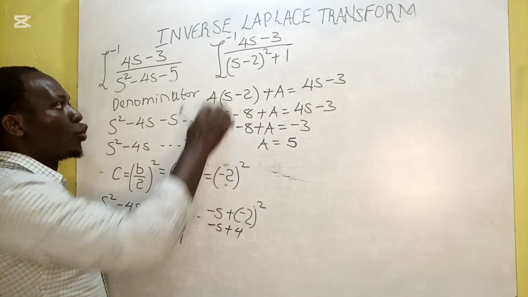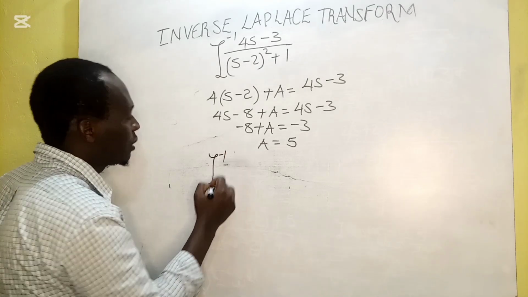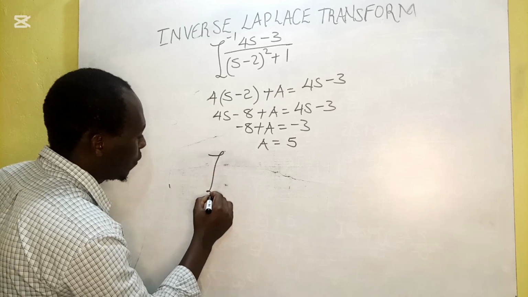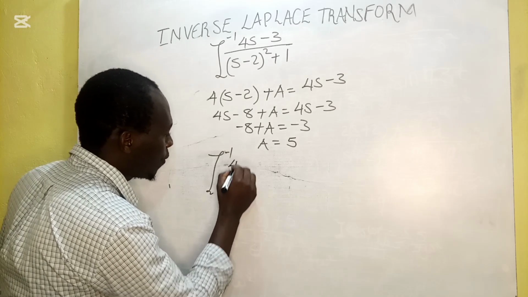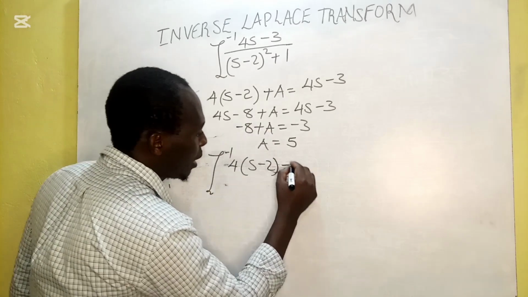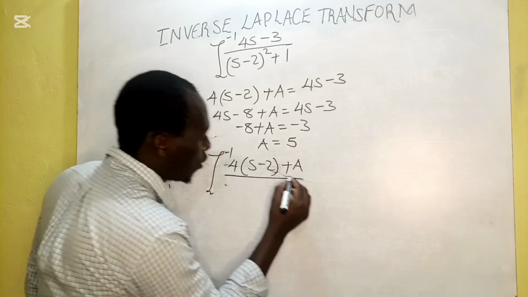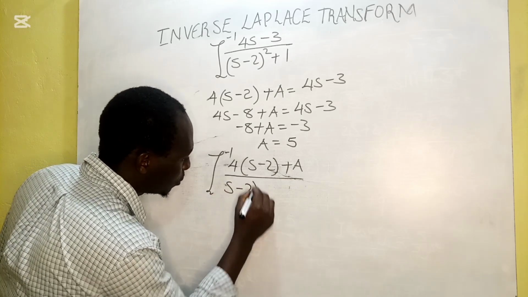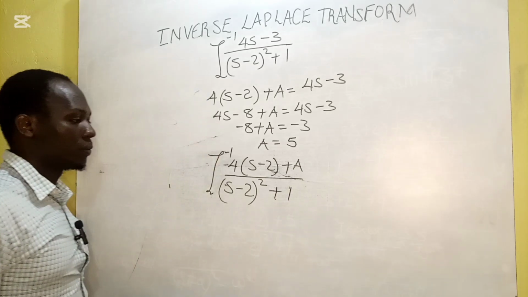From this point now, we can rewrite our numerator as the Laplace inverse of 4 into s we subtract 2. We come and now add a, all over s we subtract 2, everything now squared, we add 1.